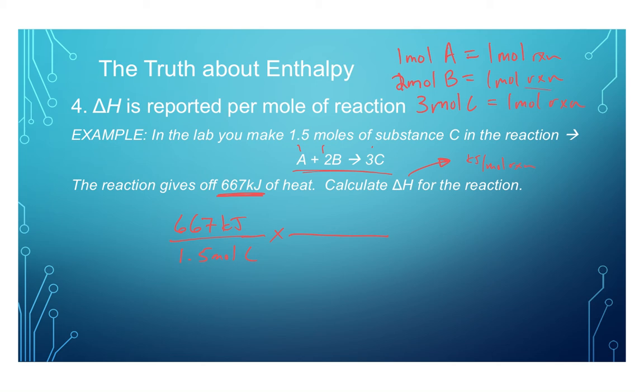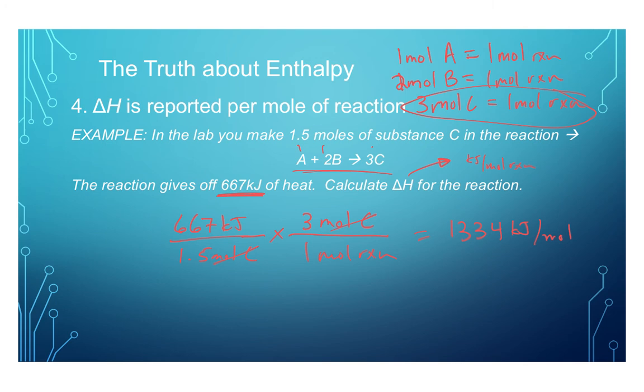So I'm going to use my equation up here, and that's 3 moles of C per 1 mole of reaction. The moles of C cancel, and this gives me a calculation of 1,334 kilojoules per mole reaction.